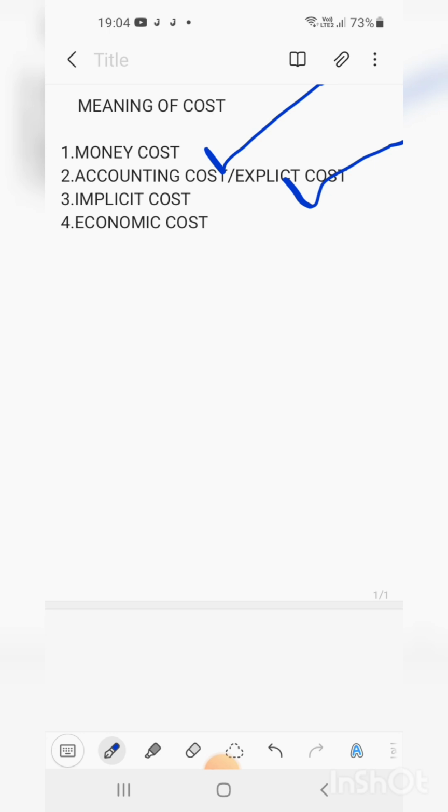Then I will discuss what we mean by implicit costs. Implicit cost refers to the normal return on the factors supplied by the entrepreneur himself.